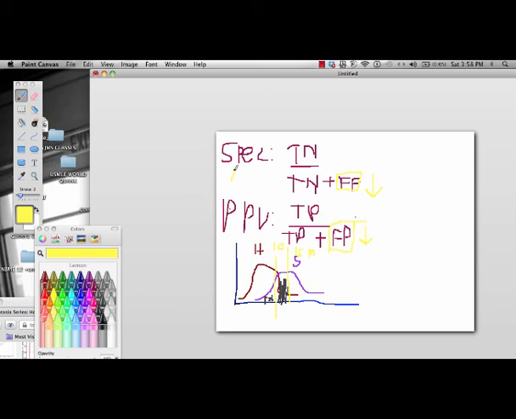It's going up. Specificity is increasing. And again, positive predictive value is increasing.